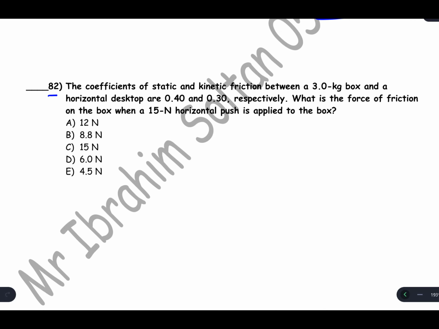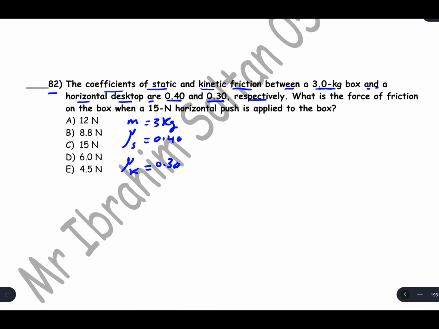Number 82. The coefficients of static and kinetic friction between a 3 kilogram box, so you have the mass 3 kilograms, and a horizontal desktop are 0.40 and 0.30 respectively, means mu s equals 0.40, mu k equals 0.30, because you know the coefficient of static friction is greater than the coefficient of kinetic friction.